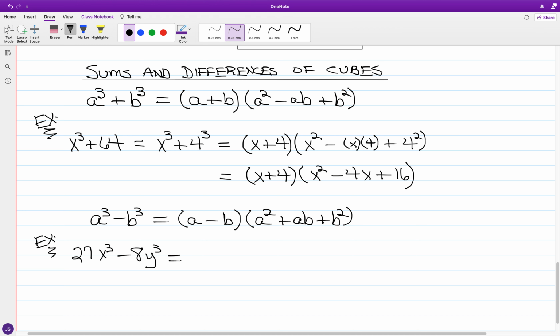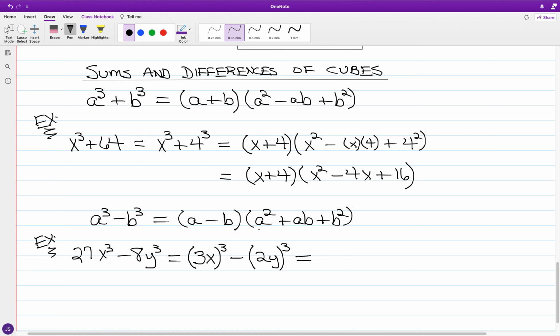The cubic root of 27 is 3, the cubic root of x cubed is x. So you're looking at the cube of 3x, and you have minus. Now for 8y cubed, the number times itself three times that gives you 8 is 2, and y cubed is the cube of y. So in this one, a is represented by 3x, and b by 2y.